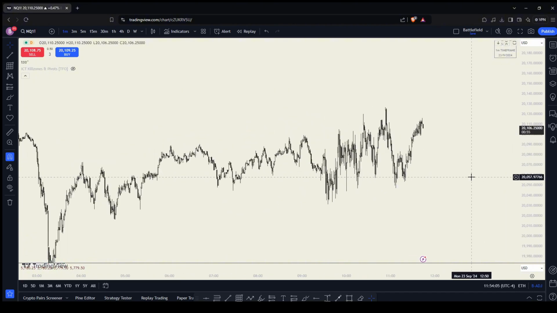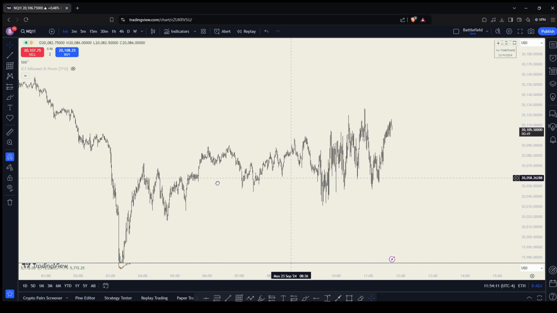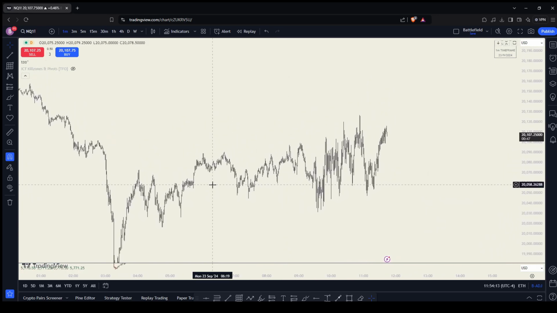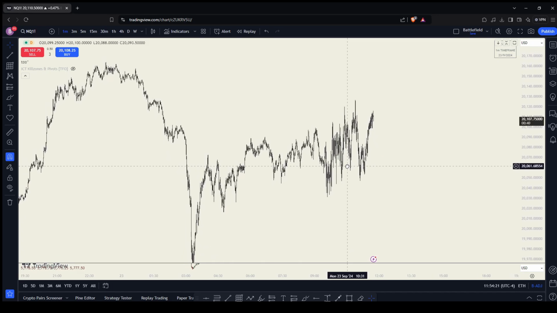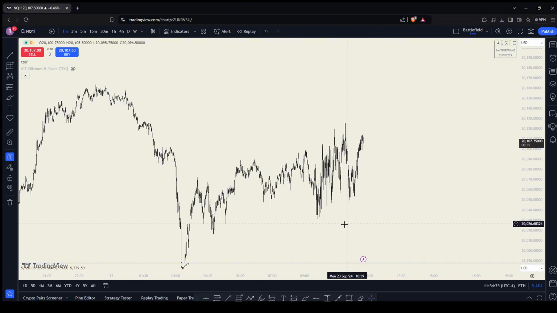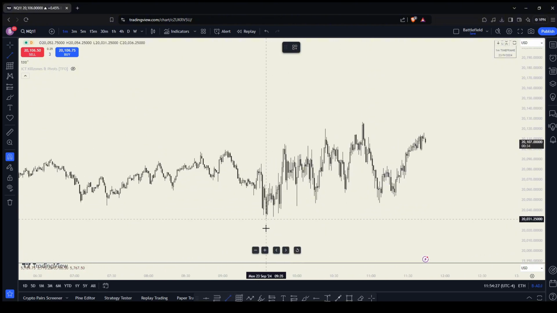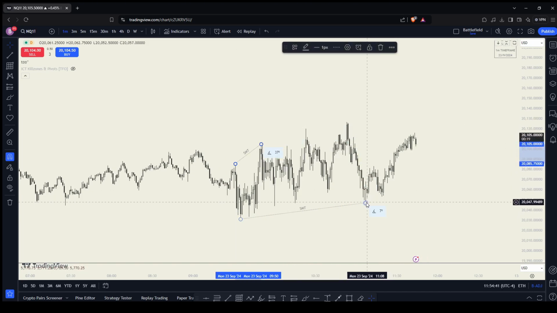SMTs are quite powerful tools, and they also can help you to identify low probability price action. There is no such example in this price action, but usually when we have SMTs on both sides of the market, for example, if we had SMT here and above, you would spot it around 9:30, like that.